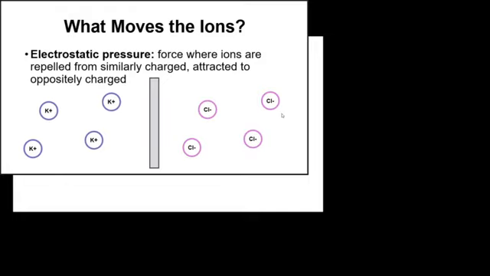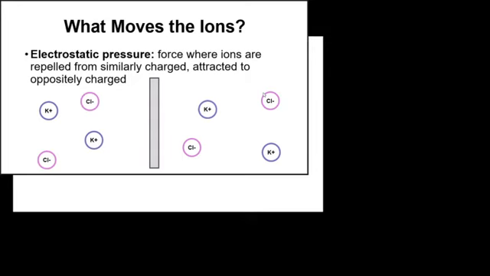But for electrostatic pressure, we're referring to the force where ions are repelled from things that are similarly charged and attracted to those that are oppositely charged. And so that's going to work in combination with the fact that they want to get away from their own kind of ion and go elsewhere, but they're also going to be pulled to those negatively charged things. So we get that movement across so that the electrostatic pressure equalizes as much as possible.